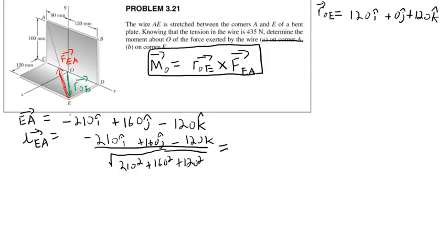Okay, and let me throw that in my calculator to get a unit vector.